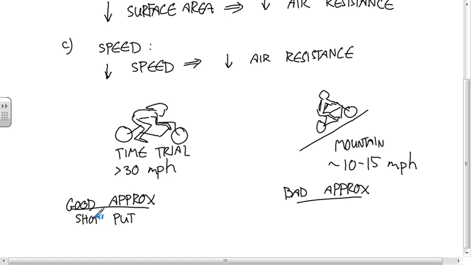Another good approximation would be a baseball that you just dropped from like shoulder level. Okay. It's not as massive as the shot, but it has a pretty small surface area.